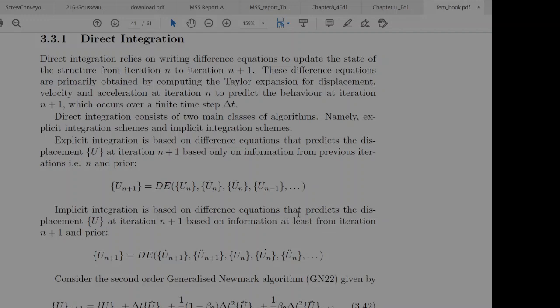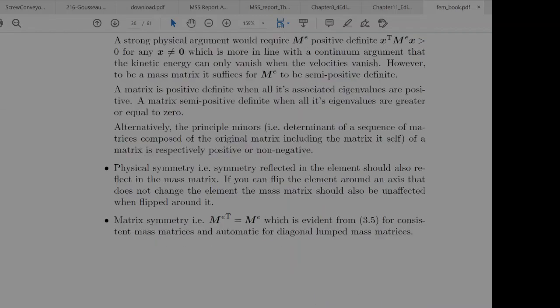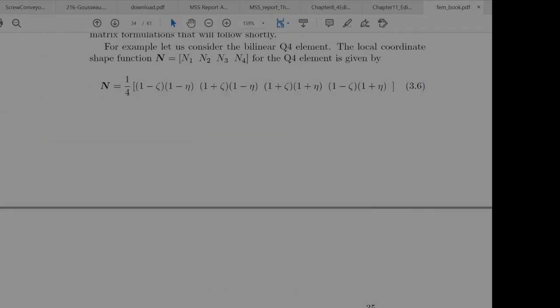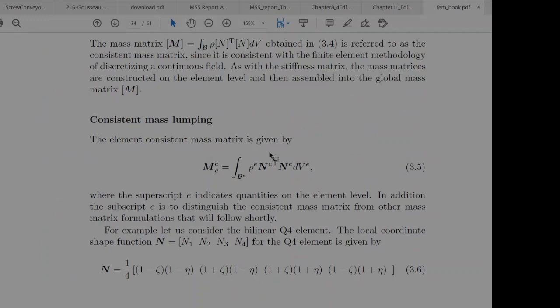Okay, so that really concludes what we're going to be doing on the dynamic side. What I want the take-home from this material to be is that you are able to appreciate what's involved in computing the mass matrices. So you should be able to do that for the 1D systems, no problem.